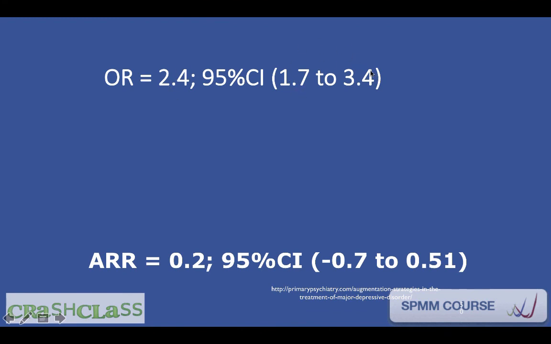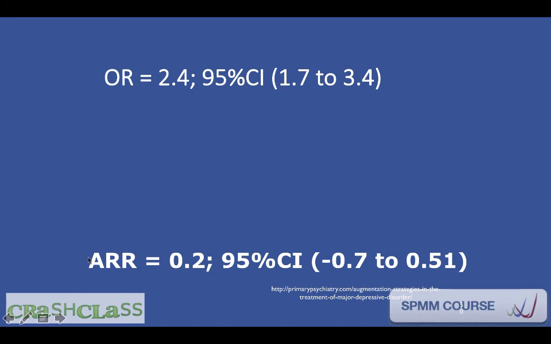Okay, so what are the three things I want you to remember whenever you interpret confidence intervals? Number one, look at the nature of the summary measure. Is the summary measure a ratio or is it a subtraction? If the summary measure is a ratio, then you have to keep in mind the value 1. 1 is the value of no difference for a ratio.